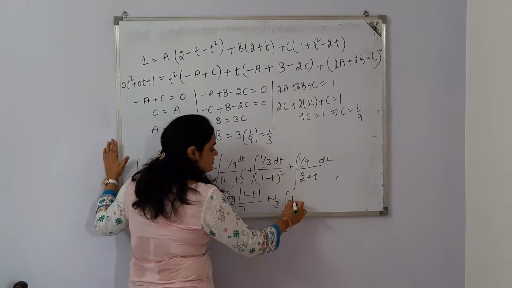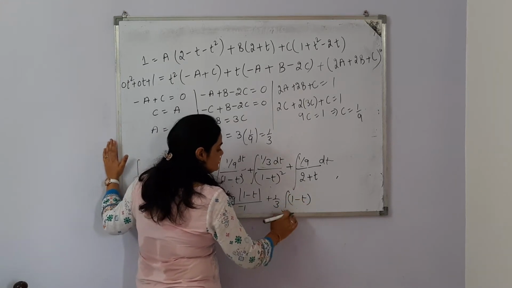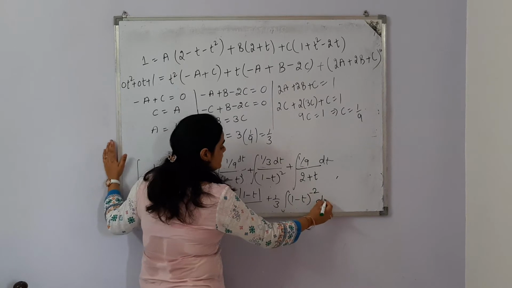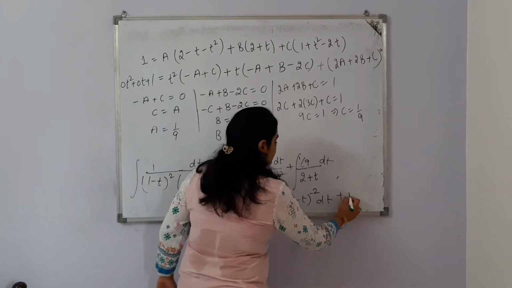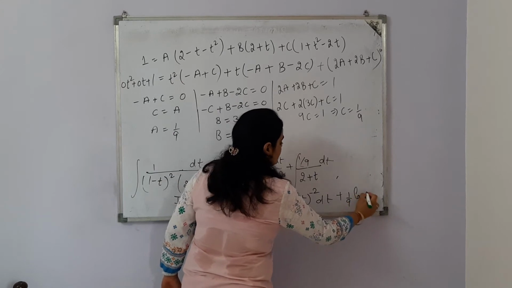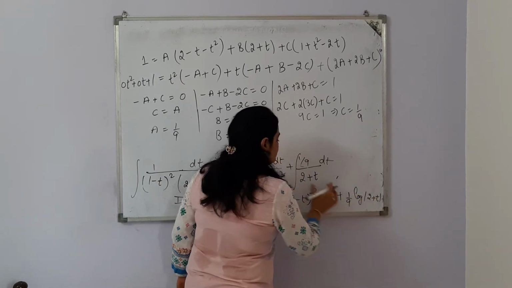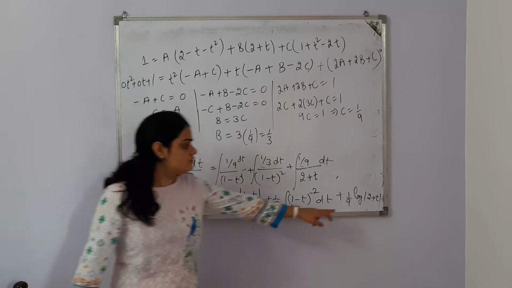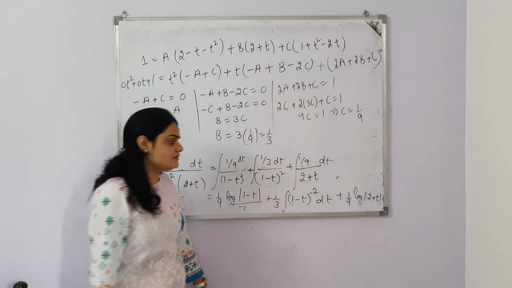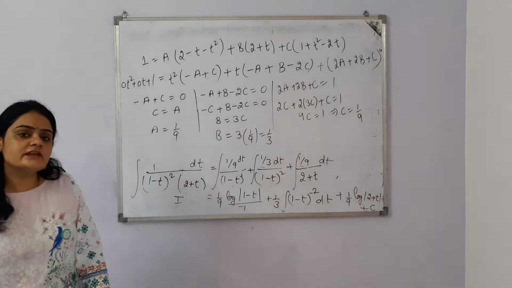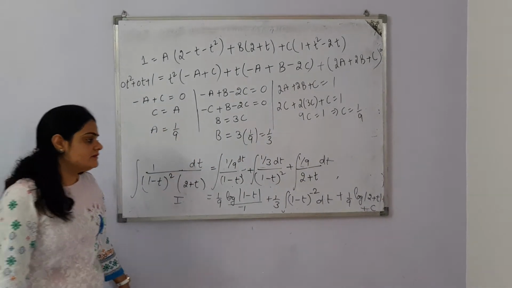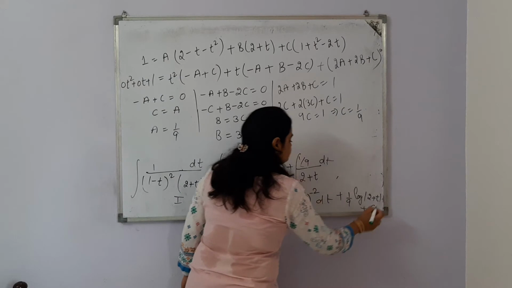And here the power 2, of course, we'll have to shift this function to the numerator and the power becomes minus 2 with respect to t. And 1 by 9 as constant, so log of 2 plus t, and of course its derivative is 1, so the denominator is 1. We can divide by 1 or not write it, because if the denominator is not there it means it is 1, plus c.